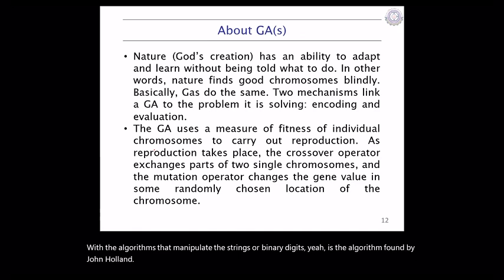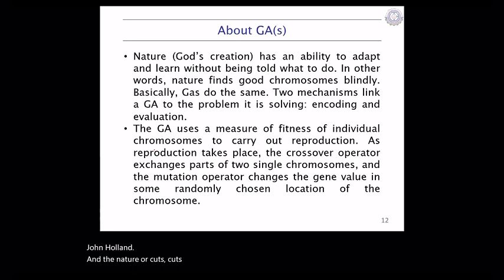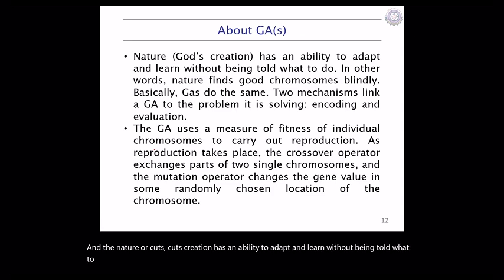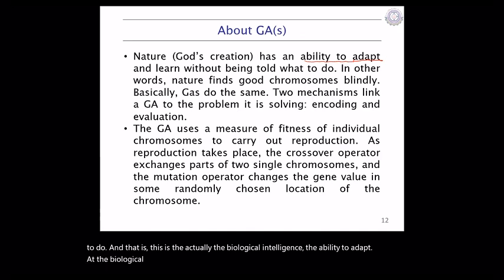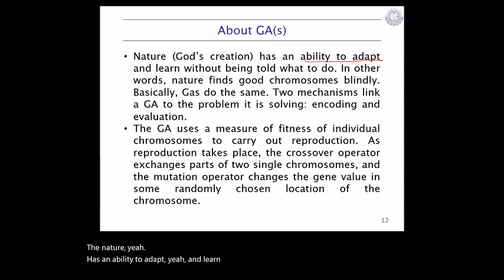And nature, or God's creation, has an ability to adapt and learn without being told what to do. This is the biological intelligence of nature, the ability to adapt and learn without being told what to do.